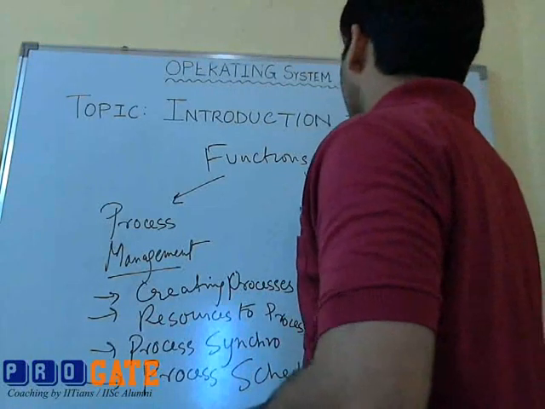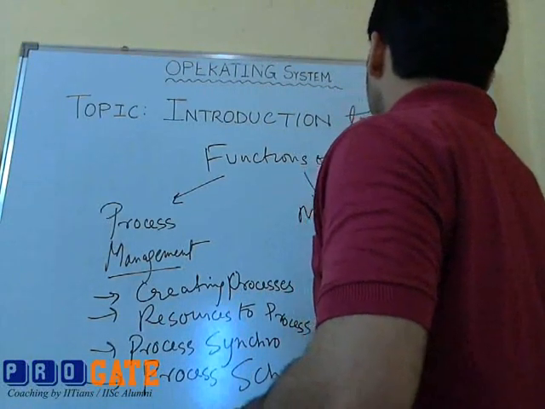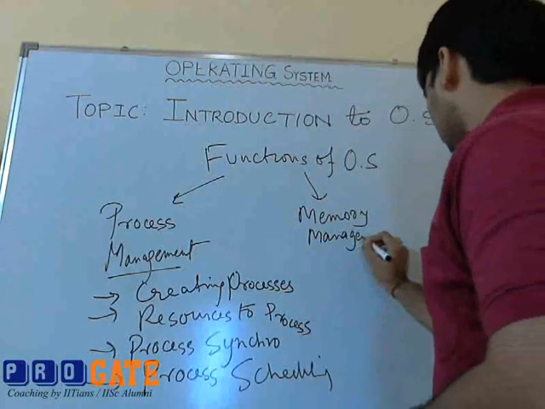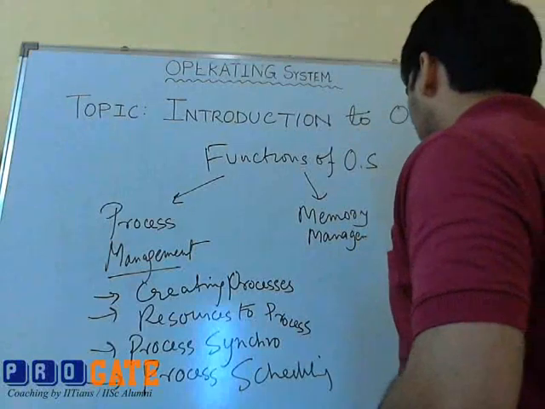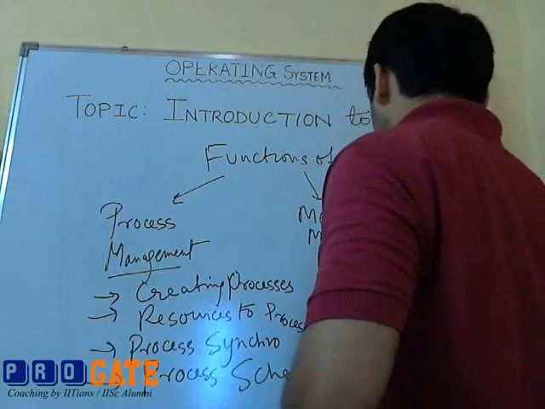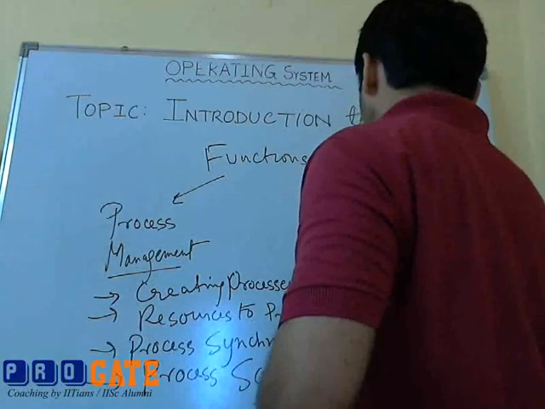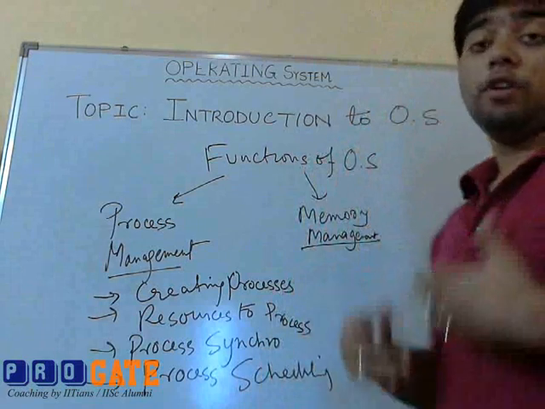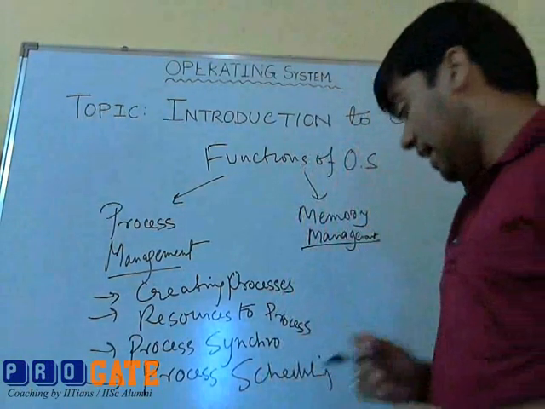The second function of the operating system is memory management. Under this, the operating system keeps track of which part of the memory is being currently used.